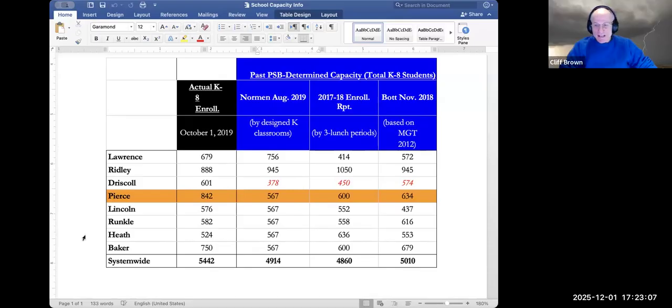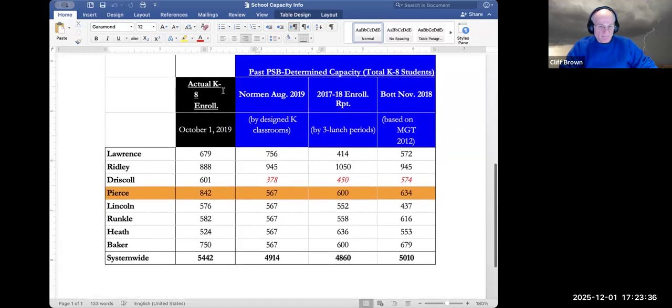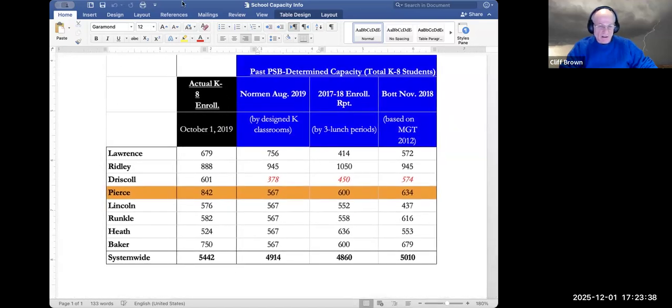But MGT theoretically was looking at the design of the buildings at the time and making sort of a determination, or looking at what had been provided. How do I want to say this? What had been expected from the buildings at that time. I mean, I have to go back and read that report. I have not read that report in a really long time.